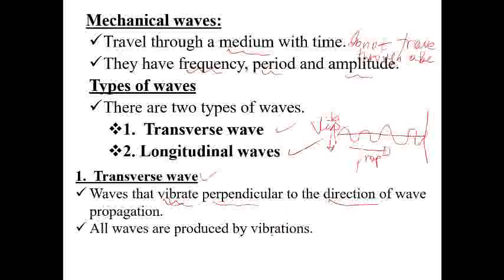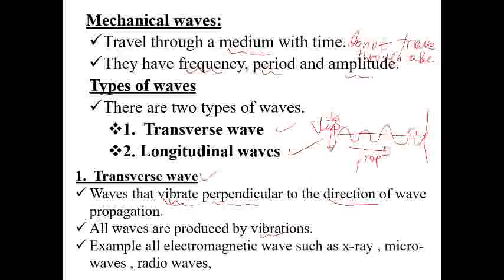And all waves are produced by vibration. This is for all waves, not only for transverse but also longitudinal. And examples of transverse waves, as we stated before, are electromagnetic waves: X-ray, gamma ray, ultraviolet, radio wave, microwave, infrared.